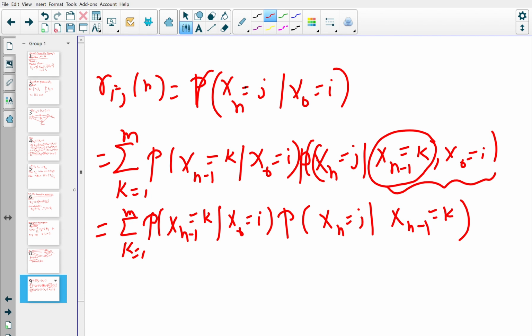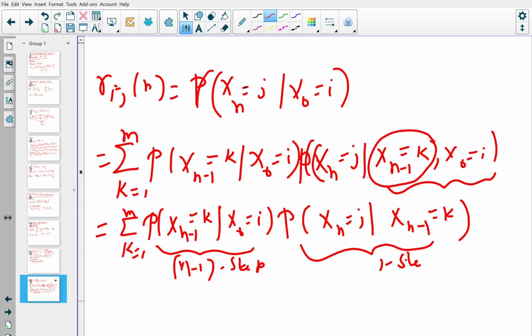The first quantity is the transition probability from i to k in n minus 1 steps, and the second is the transition probability from k to j in one step. So you can think of this as induction or whatever.